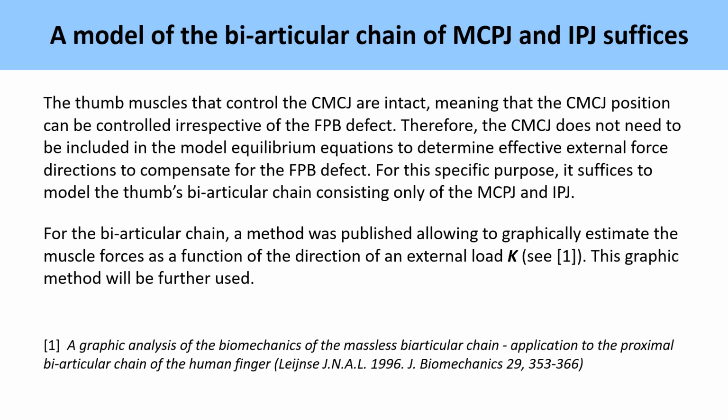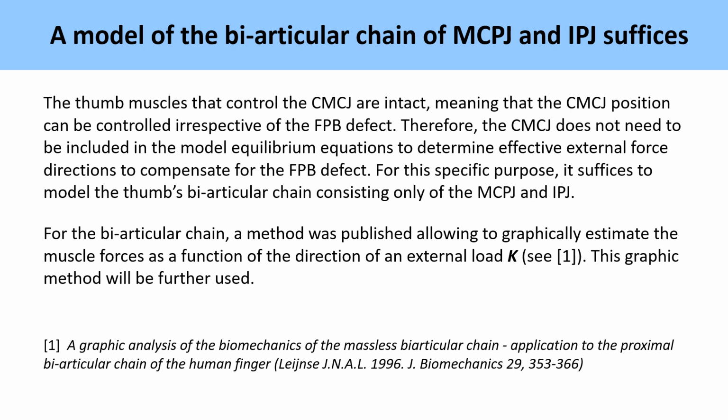To investigate the functional directions of an external force supporting the thumb, a model of the biarticular chain of MCP and IP joints suffices. The thumb muscles that control the CMC joint are intact, meaning that the CMC joint position can be controlled irrespective of the flexor pollicis brevis defect.